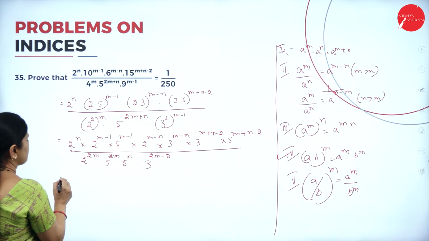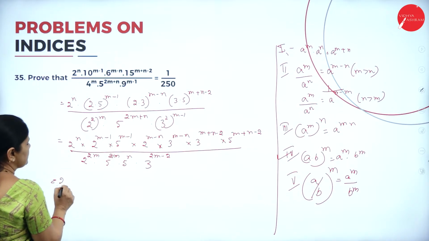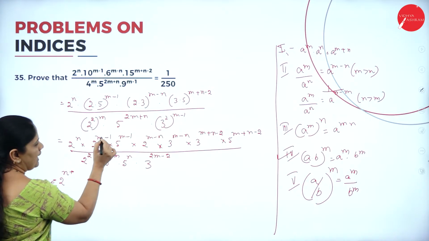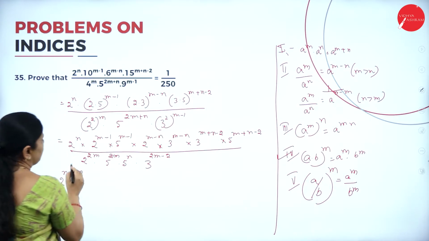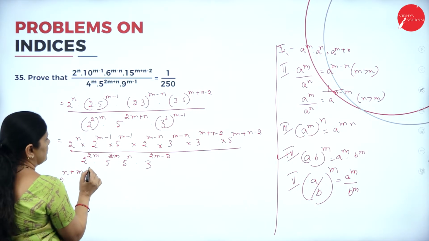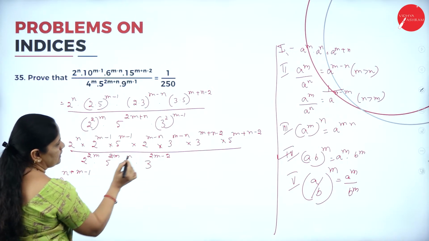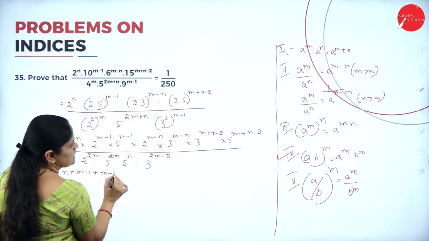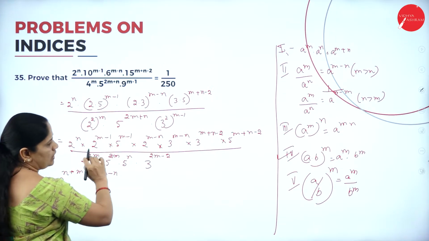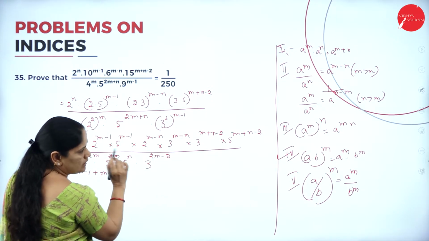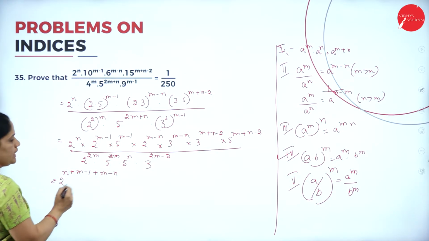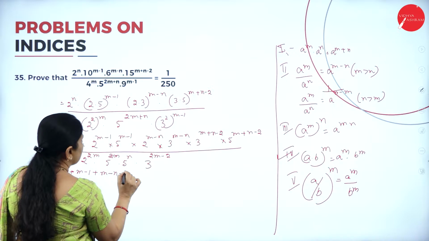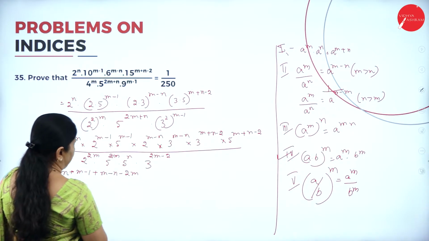So, in the next step, what I am writing is 2 to the power of n plus, I will add this, 2 to the power of n plus m minus 1, then next plus m minus n. So, the base 2, I have added all the powers. Then in the denominator, I am having 2 to the power of 2m, so I will write it as minus 2m.